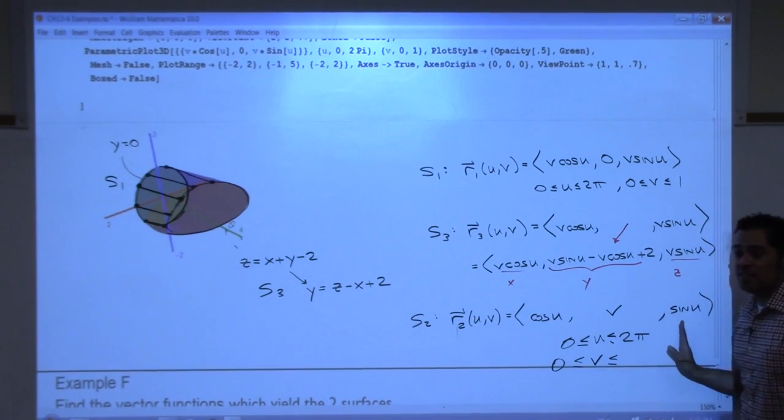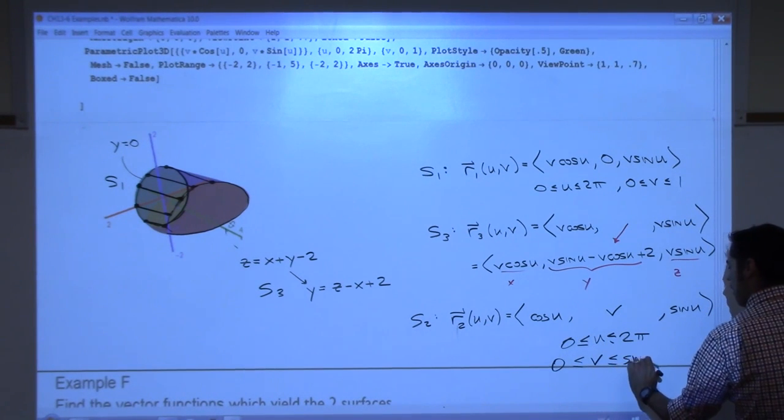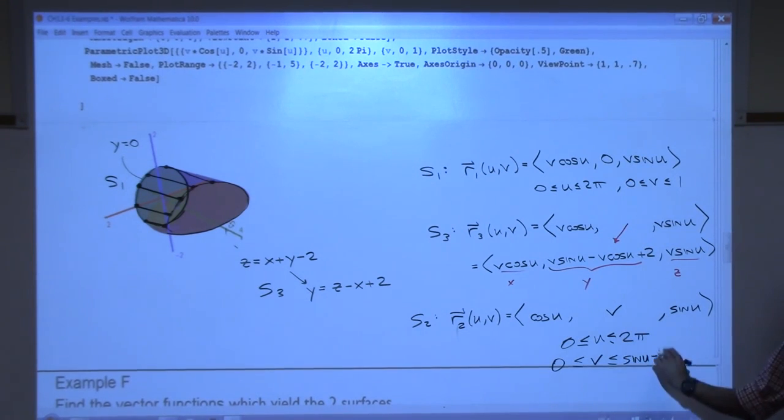But we have to use these, right? So what's z? Sine u minus x, which is cosine u, plus 2. Got it?